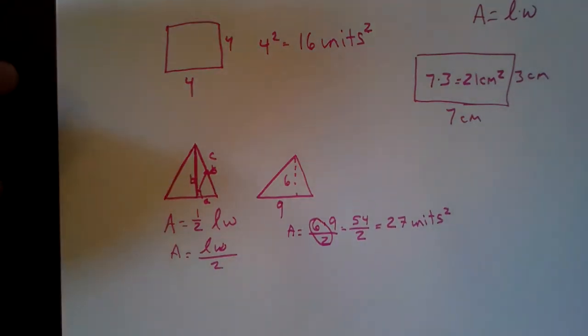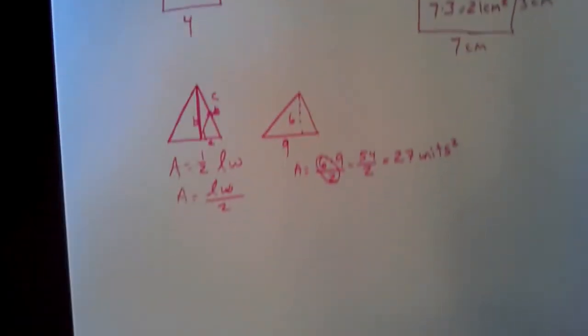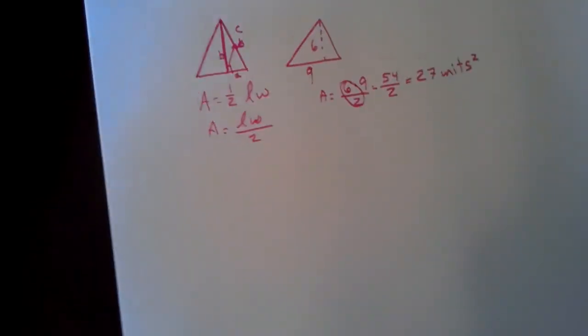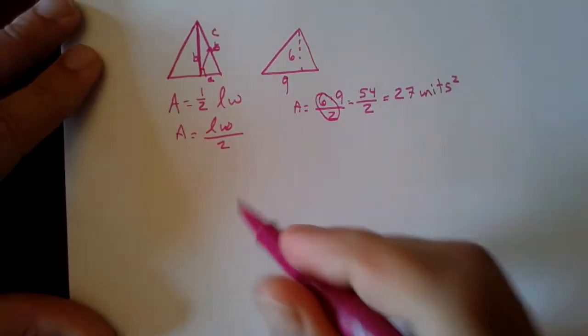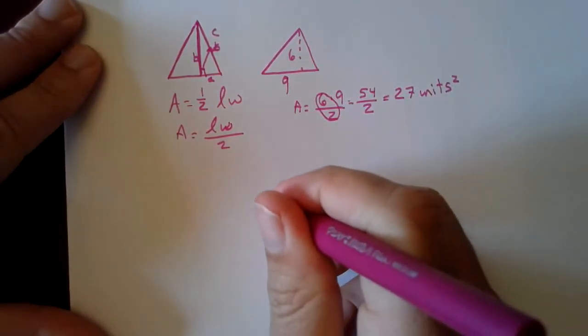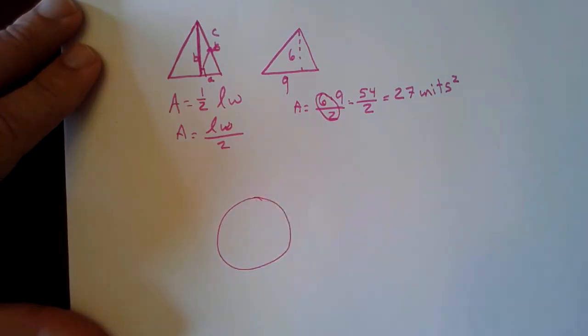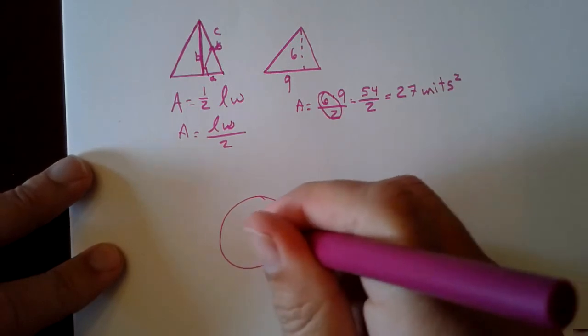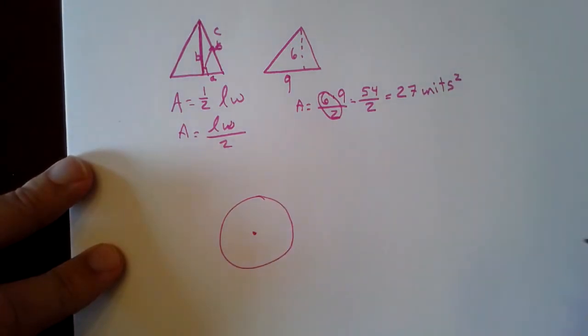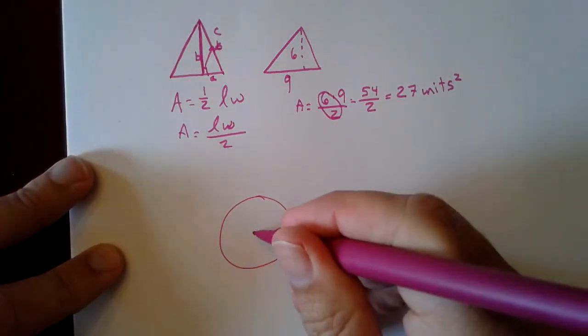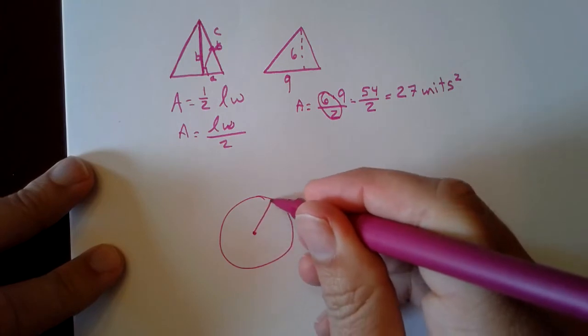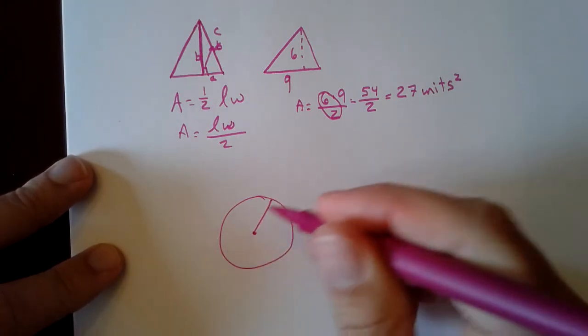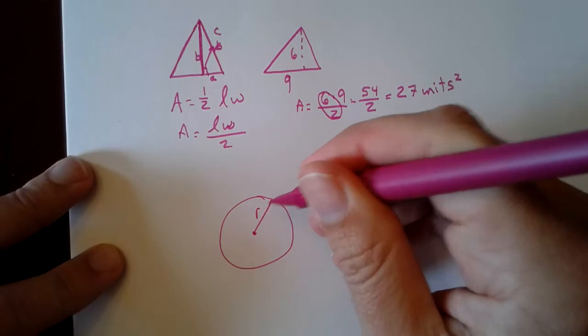All right, the last figure I'm going to be working with to find the area is going to be a circle. Now, bear with me as I draw this circle. Not too bad. All right, there's the center of the circle. The center of the circle to any part of the circle around it is called a radius.